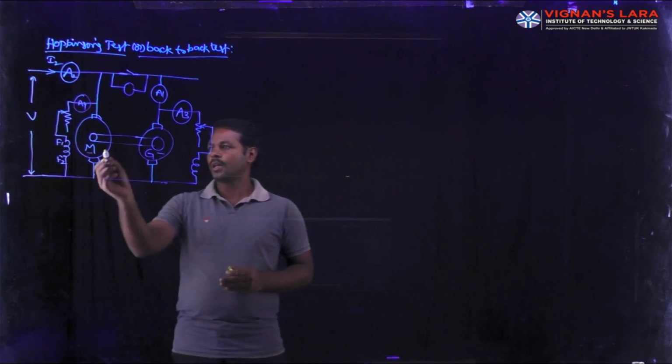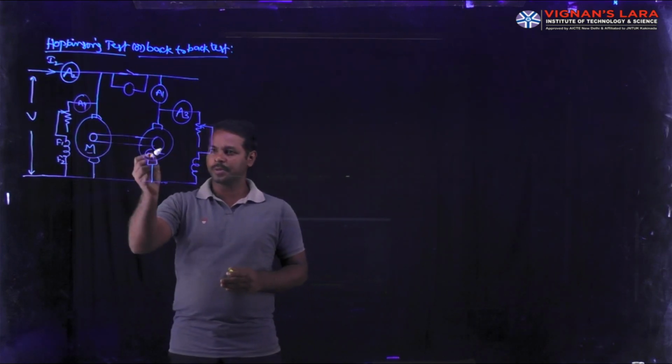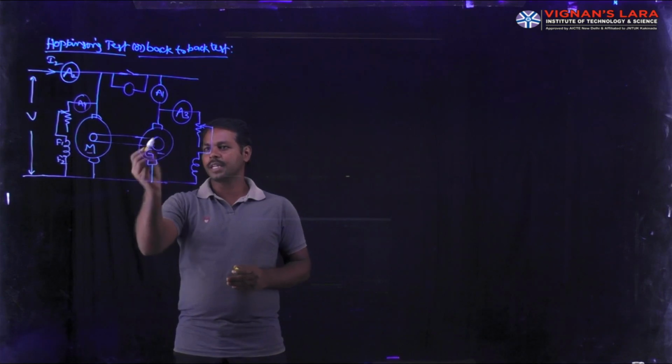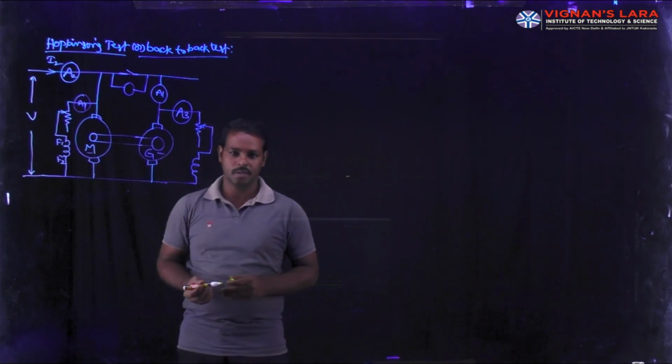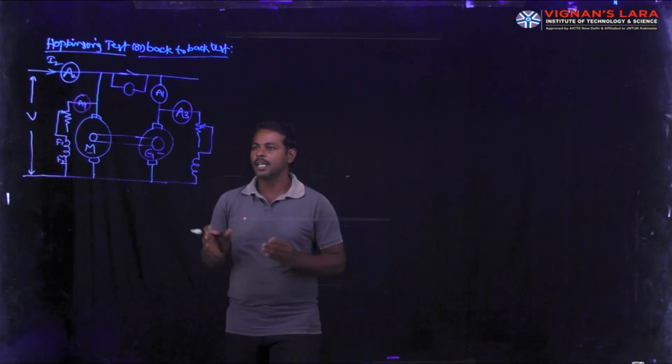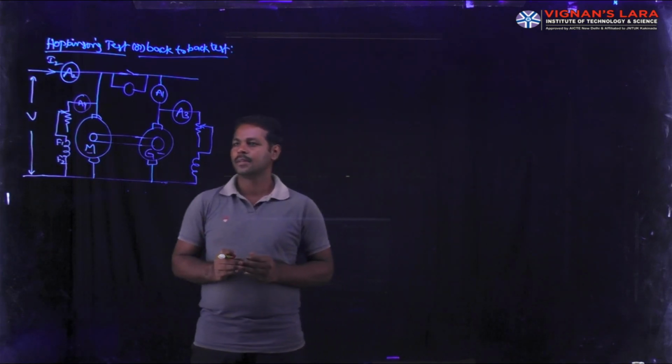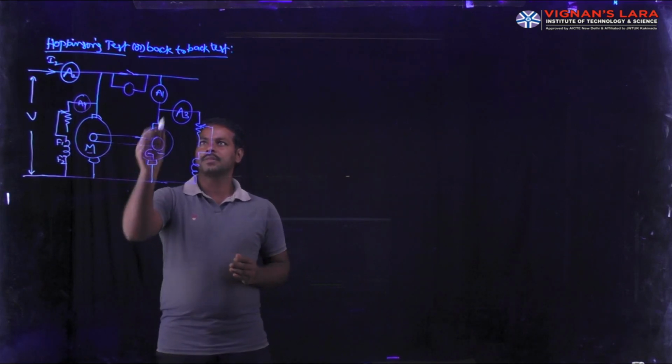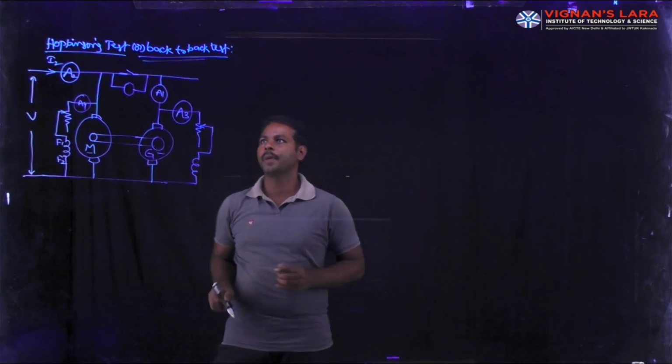The input of the motor comes from the generator, and the input of the generator comes from the motor. So the energy developed by the generator as well as the motor is completely utilized by both machines. That's why it is called a back-to-back test.